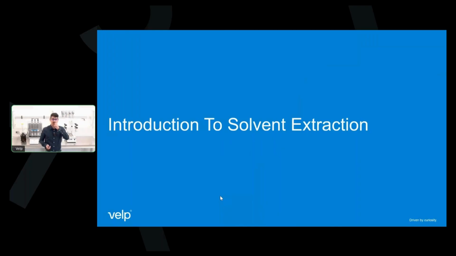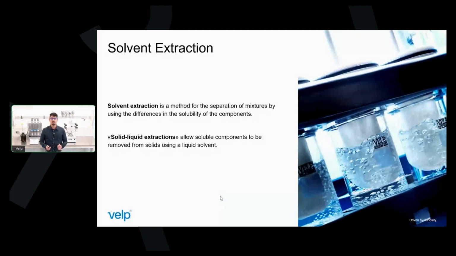So let's start with an introduction to solvent extraction. Solvent extraction, as you may know, is a widely used method for the separation of mixtures based on the difference in the solubility of the components that we have in our samples.